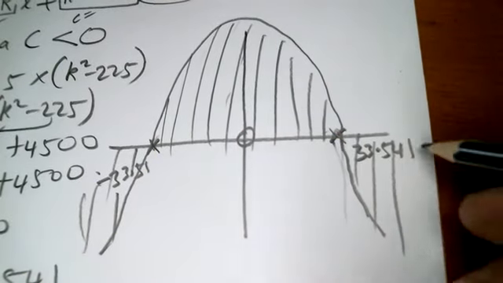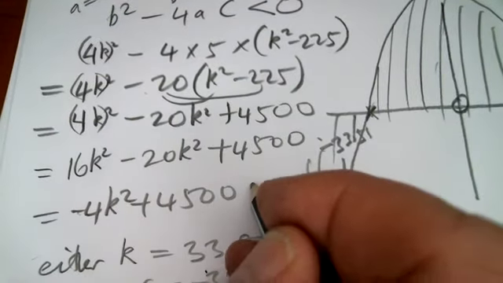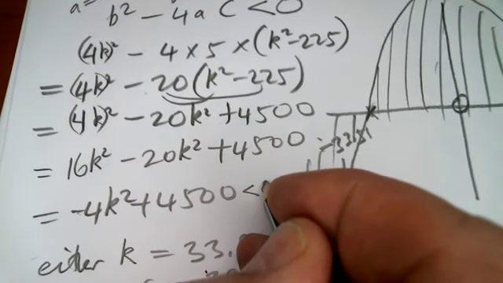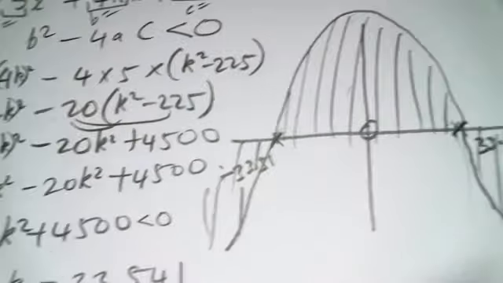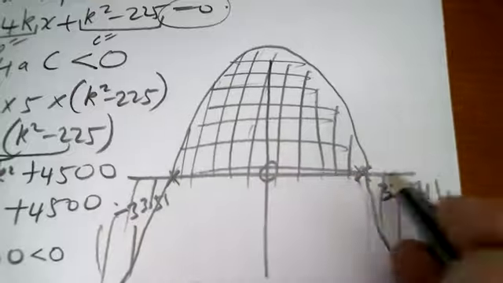So why does this matter? It matters because we want to find when this equation here is less than 0. Well, where is less than 0? Well, greater than 0 is above the axis.